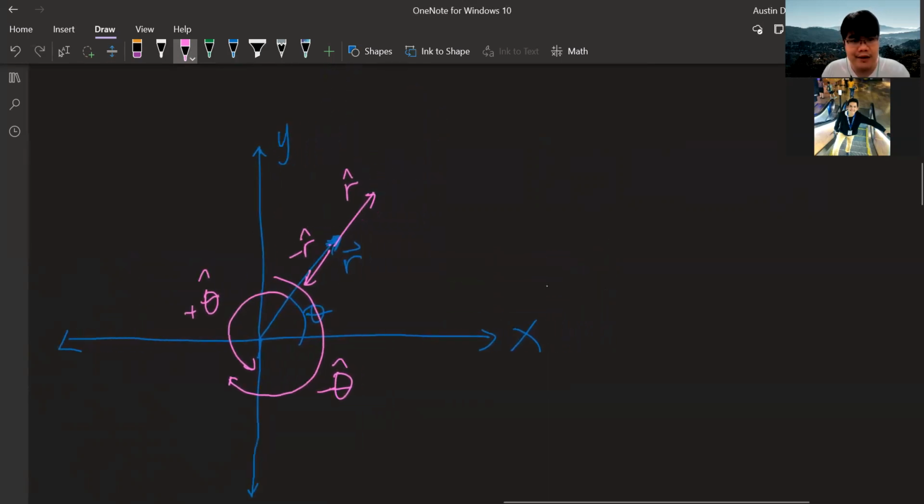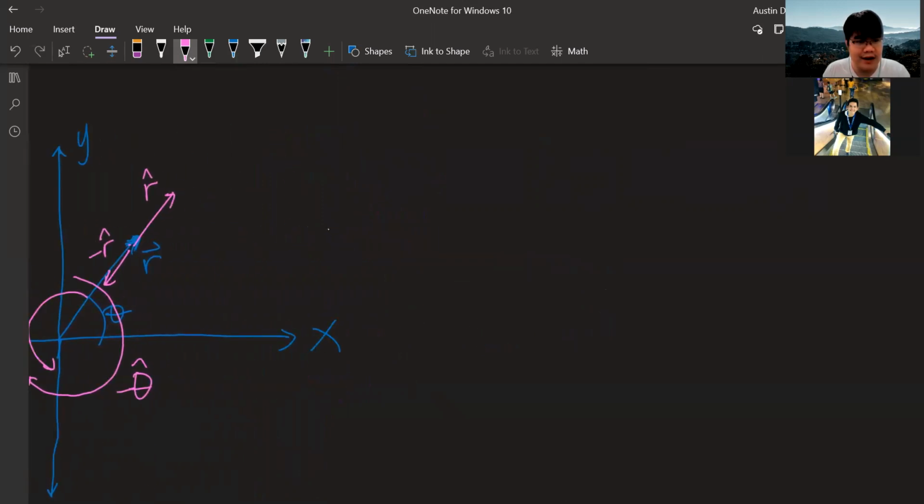Kaya ako siya sinabi na negative r hat for attraction kasi kapag ganyan yung gamit mong coordinate system, may x and y ka.